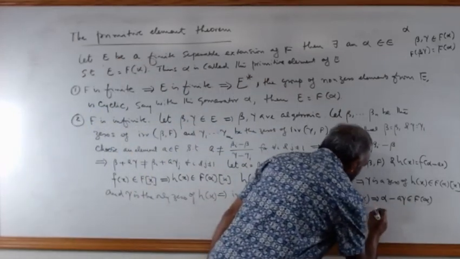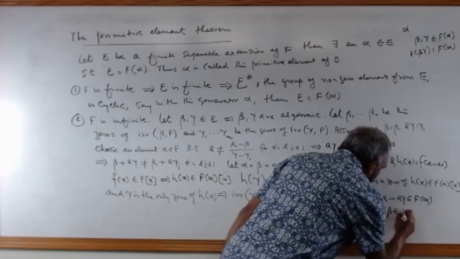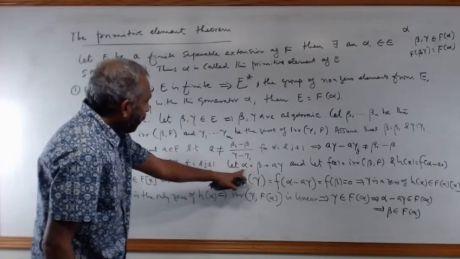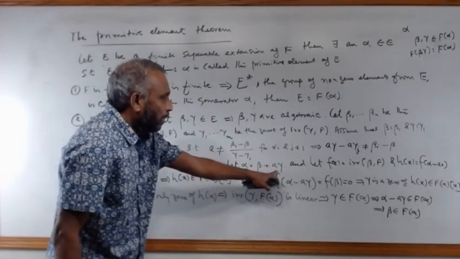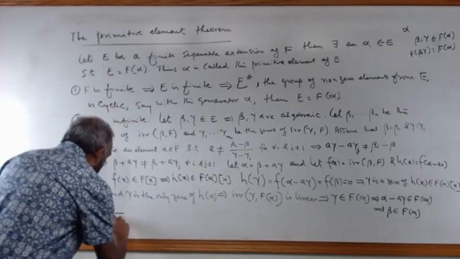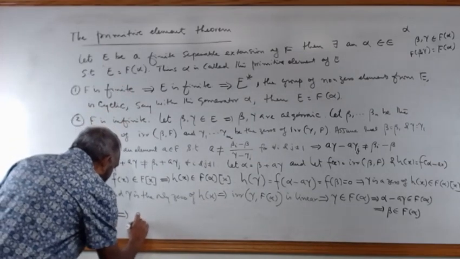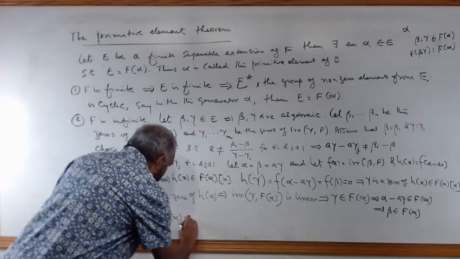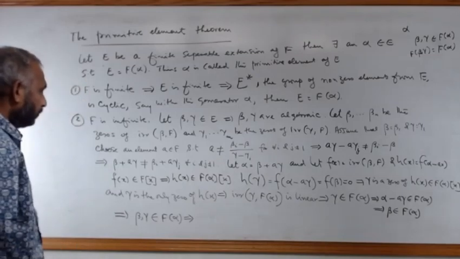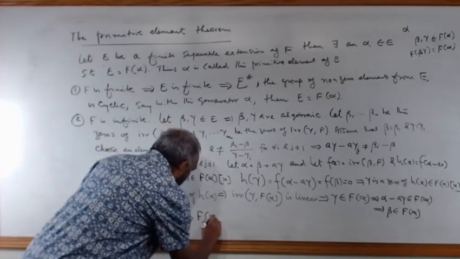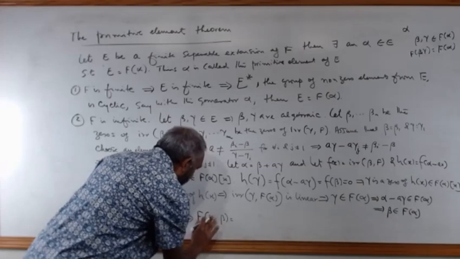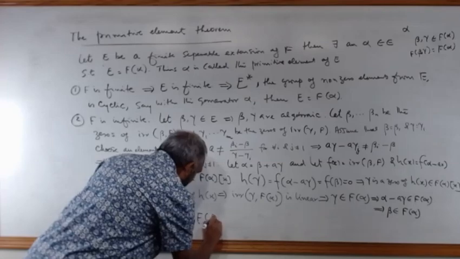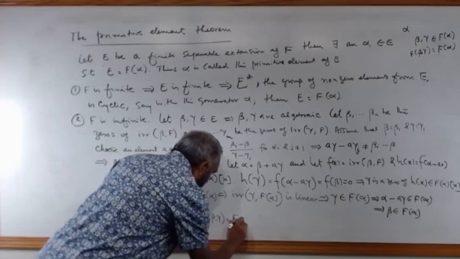And that means beta belongs to f of alpha, because alpha is equal to beta plus a gamma. So that implies both beta and gamma belong to f of alpha, implies f of beta gamma is equal to f of alpha.